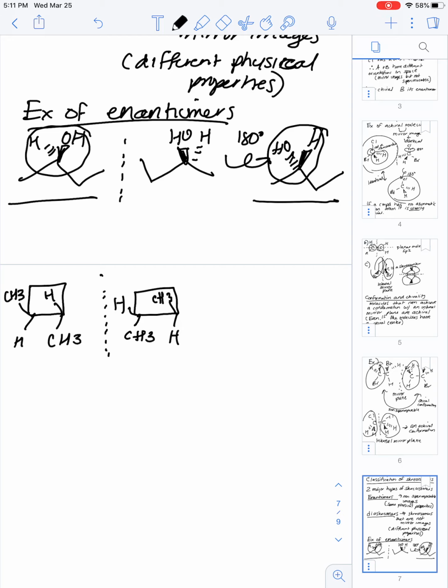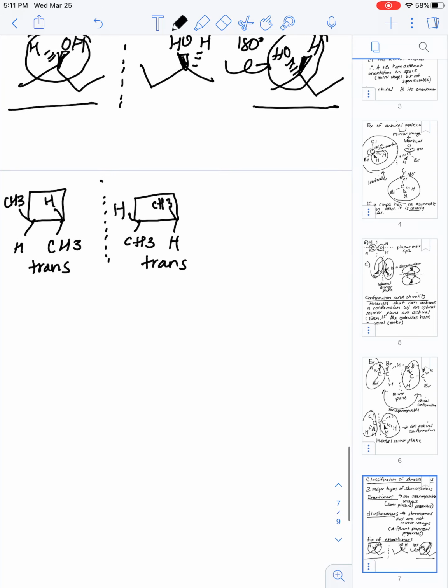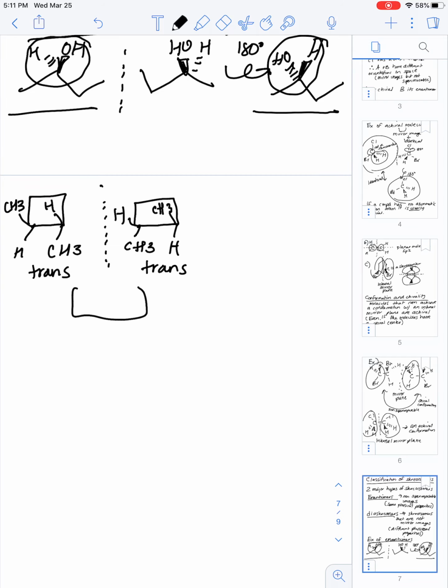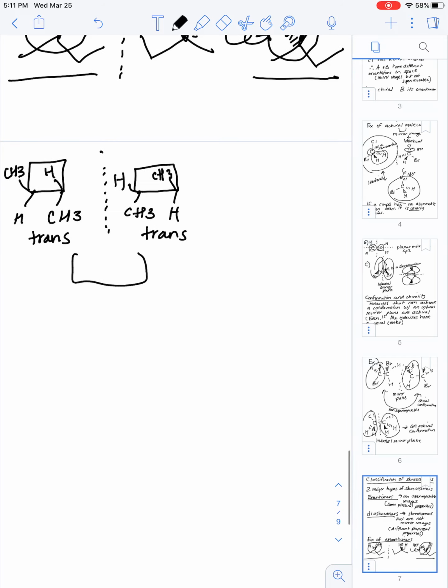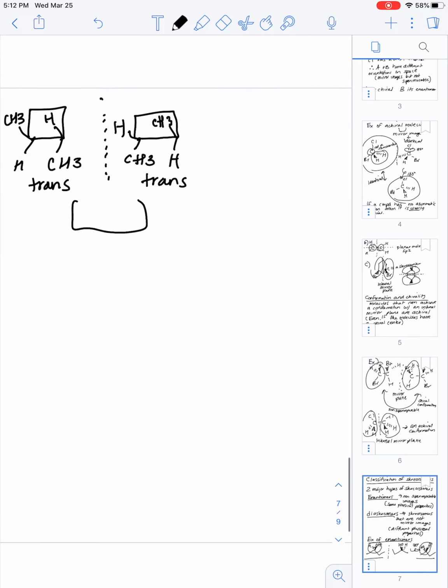This would be considered trans, right? These are both enantiomers because, again, they're different in the way that they orient in space. Think again of axial and equatorial positions. So again, these compounds would have the same type of physical properties.